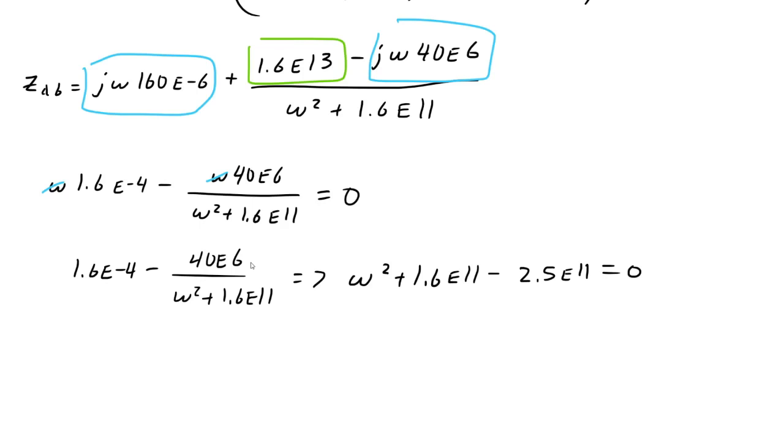Okay. So if I simplify that, omega squared plus 1.6 minus 2.5 is 0.9, I think. Yeah, so 0.9. So this is going to become minus 0.9 E11 equals 0, which means omega equals the square root of 0.9 E11.